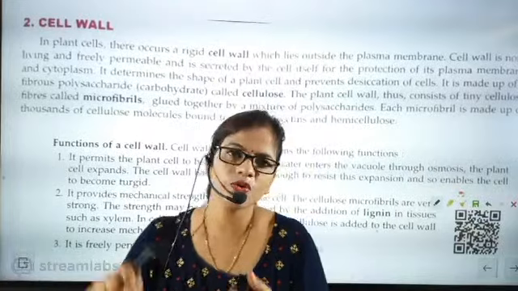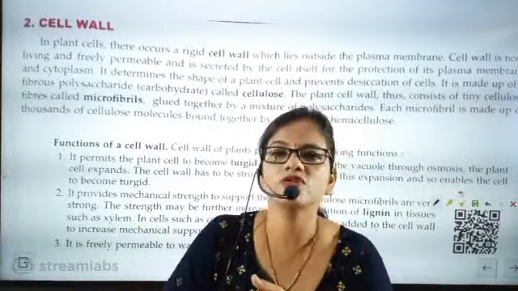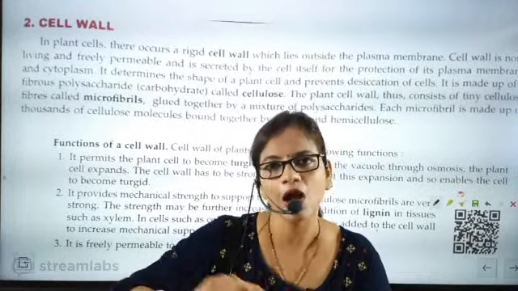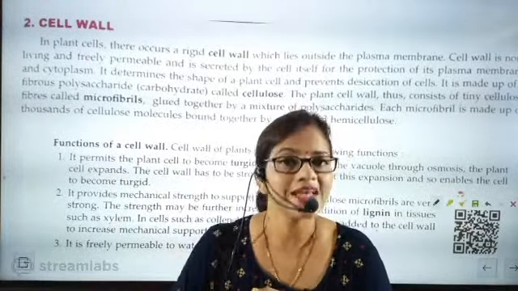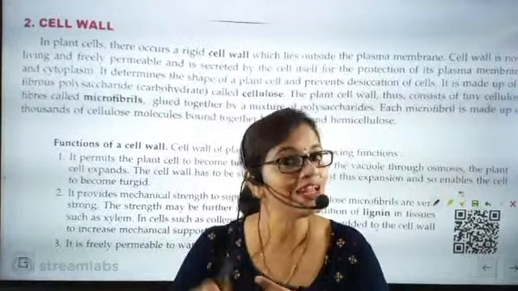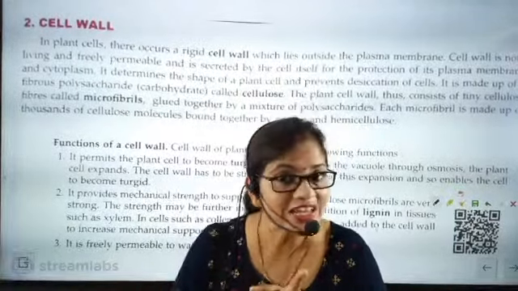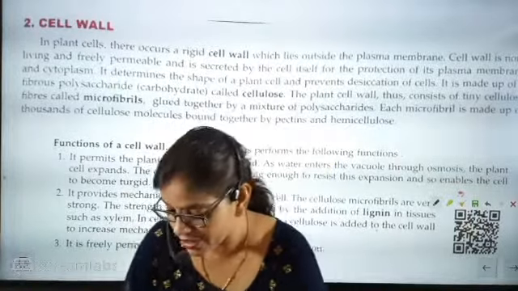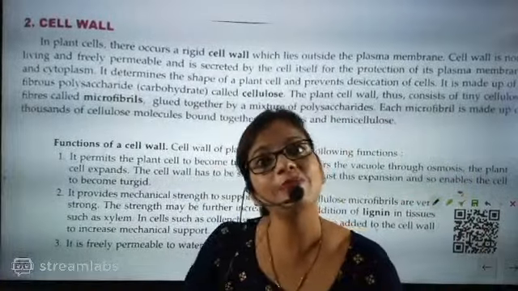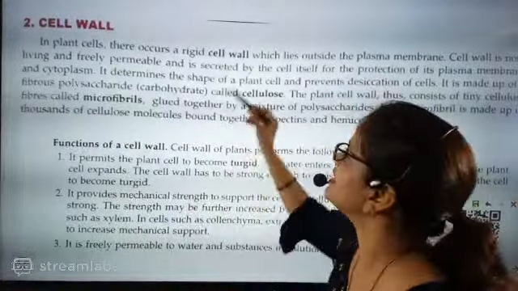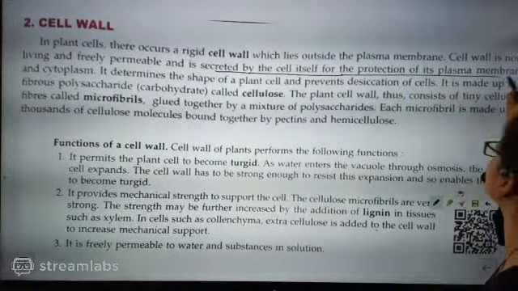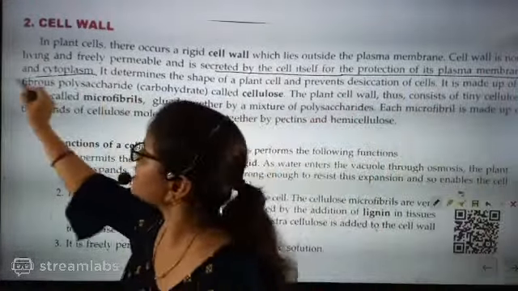Okay, so that means what, beta, till now whatever we have learned about cell wall, now let's recall. Cell wall is exactly the outer coating of a plant cell. Second, it is non-living. Third, it is freely permeable. And then next important point is it is secreted by the cell itself for the protection of its plasma membrane and cytoplasm.